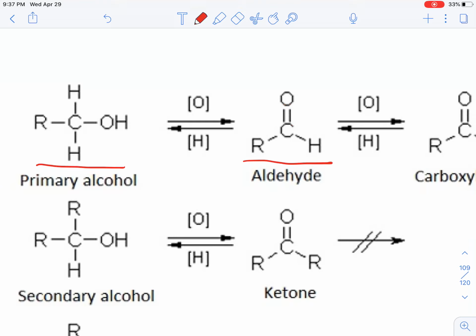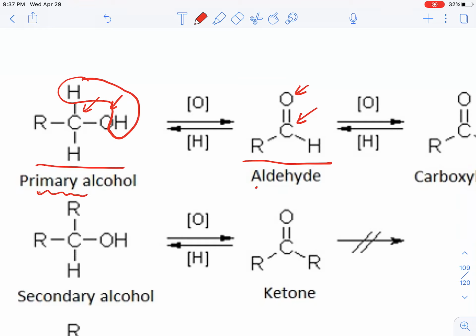Now, if you look at the number of hydrogens present on the primary alcohol, and compare that to the number of hydrogens on the carbonyl carbon of the aldehyde, notice that we have a reduction in hydrogen. If you look at the carbonyl oxygen, notice that there are no hydrogens left over. So in the first oxidation step, going from a primary alcohol to an aldehyde, we're going to lose two hydrogens, and they're going to go somewhere.